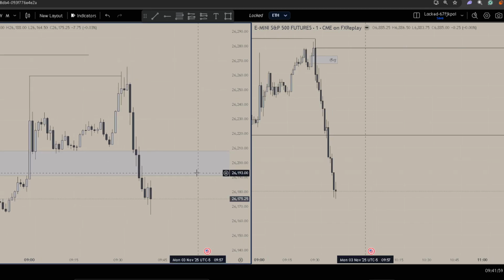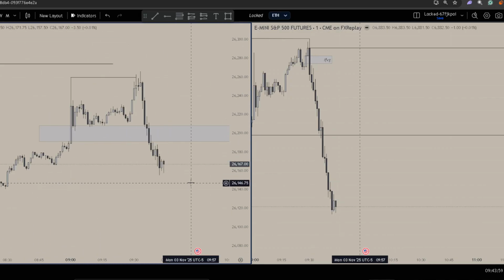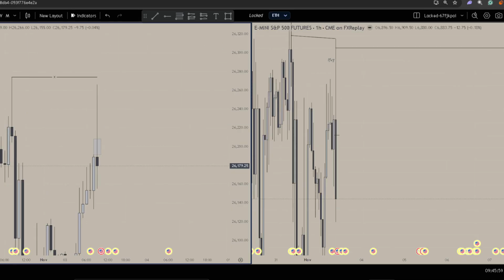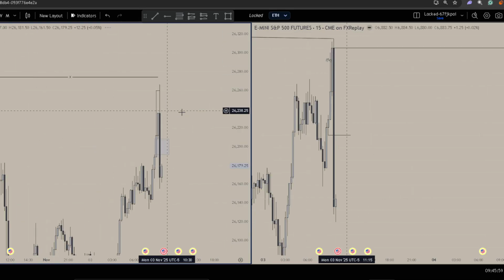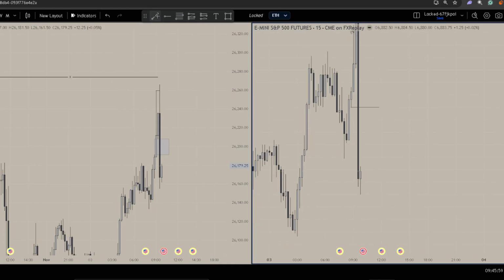Okay, so it looks like I'm gonna have to wait for the 10 a.m. PO3. Boom. What are we reacting off of right now? Still got the SMT at the highs. Okay, we ran through that 15-minute.